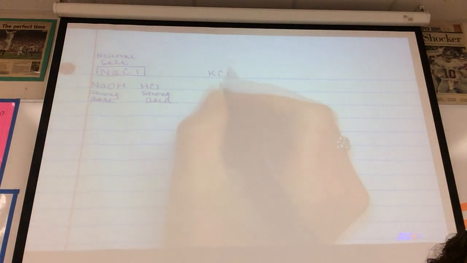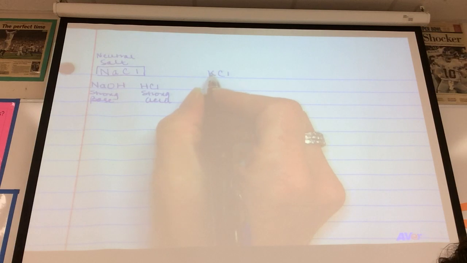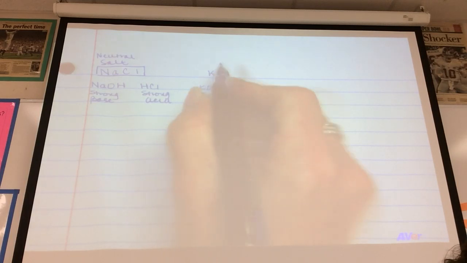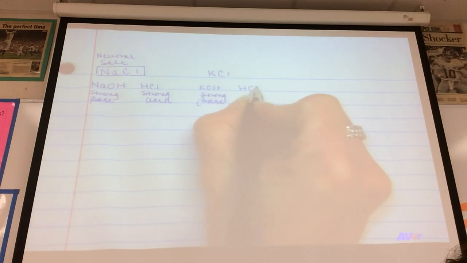Seeing how I did this, what would you predict is the base that reacted with an acid to form potassium chloride? That is a strong base, and this is the same strong acid.